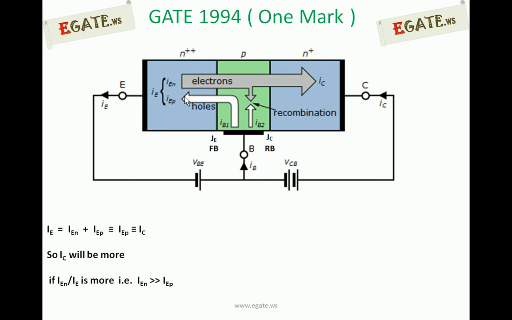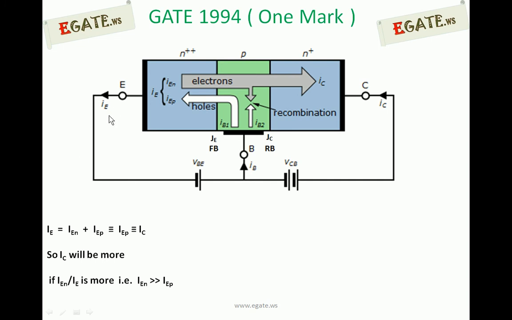So these are the two possibilities for how the current ratio is going to increase. The first one is by reducing the doping concentration of the base, and the second is by reducing the width of the base. There is a third possibility also. That third possibility will be explained with this equation.